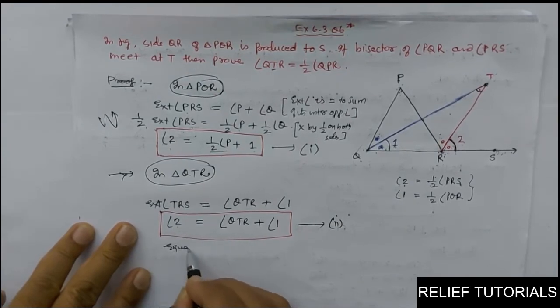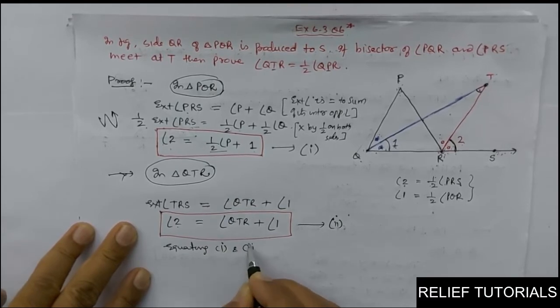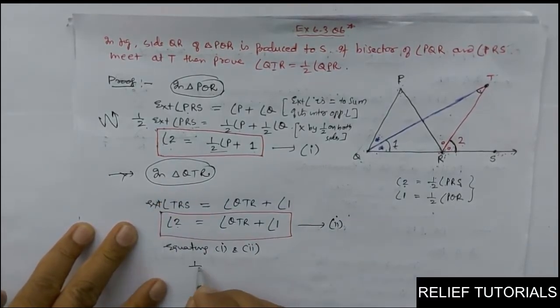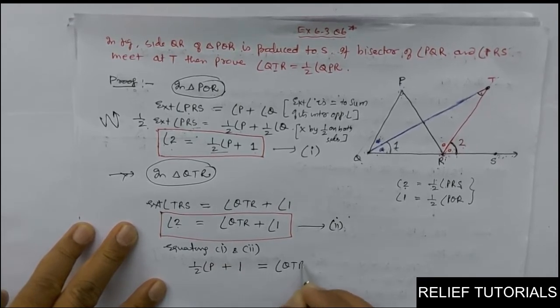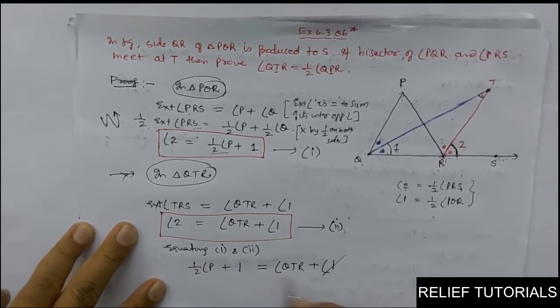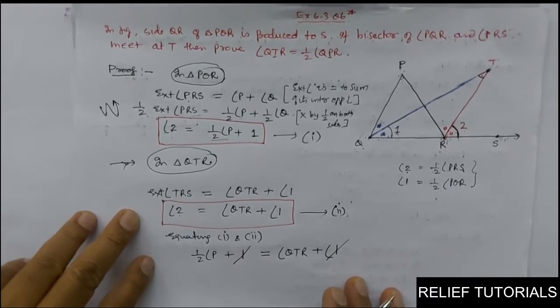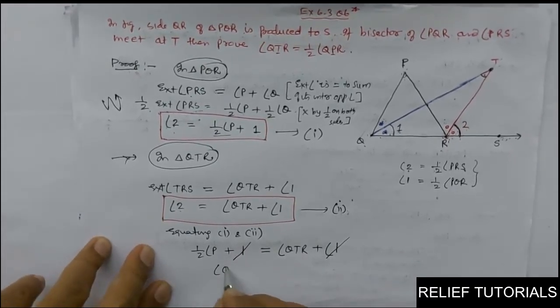So equating 1 and 2, what will you get? Half angle P plus angle 1 is equal to angle QTR plus angle 1. So angle 1 cancels. So what did you get? Angle QTR is equal to half of angle P. Clear?